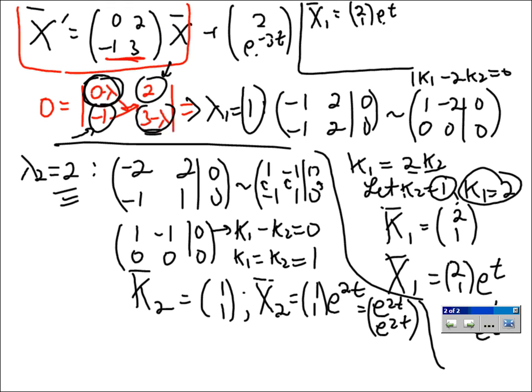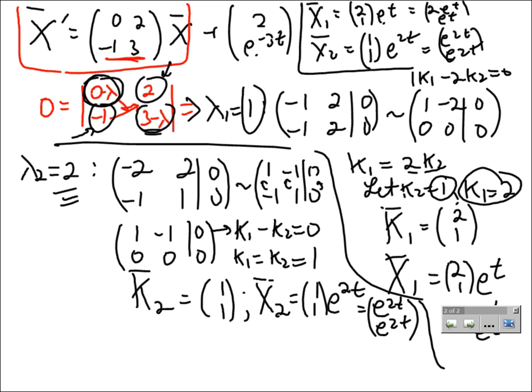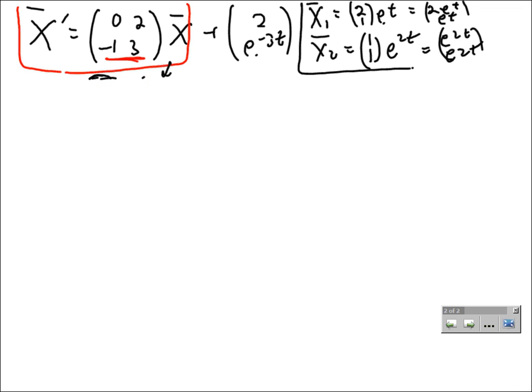And x2 is equal to 1, 1, e to the 2t. So we solved what we can call the homogeneous system. We solved this. Now we need to solve the whole thing.